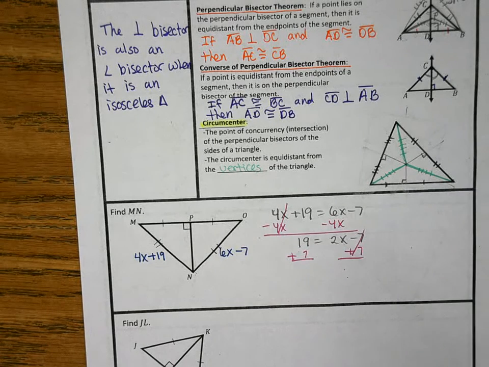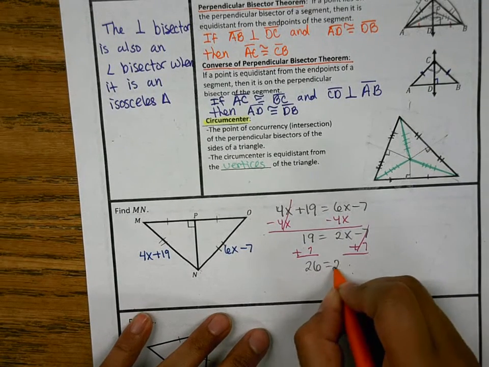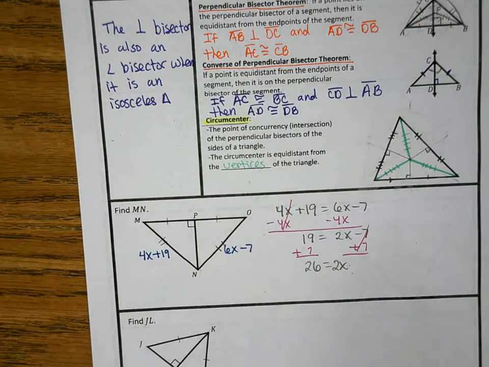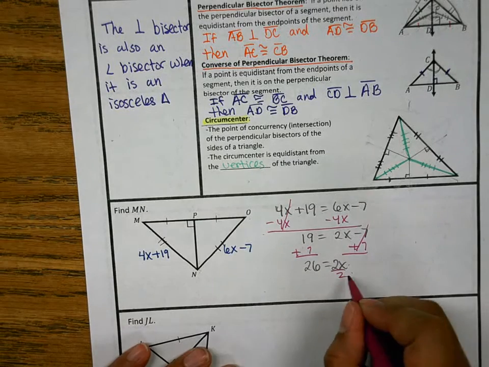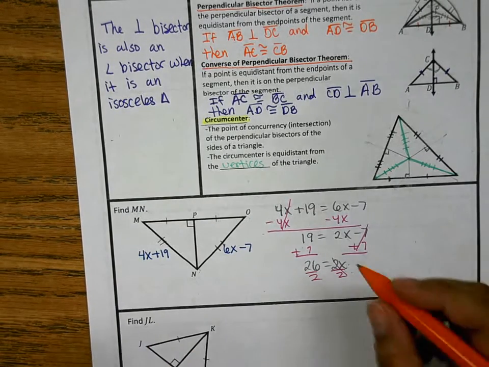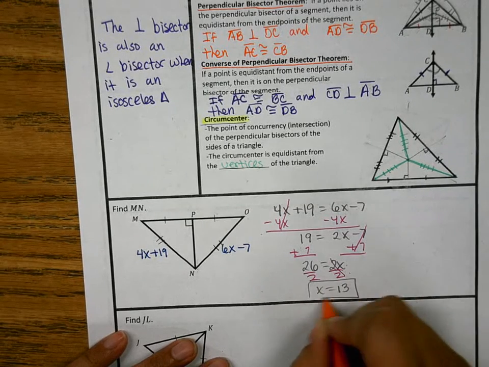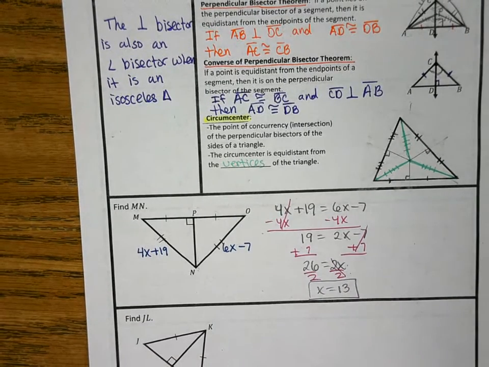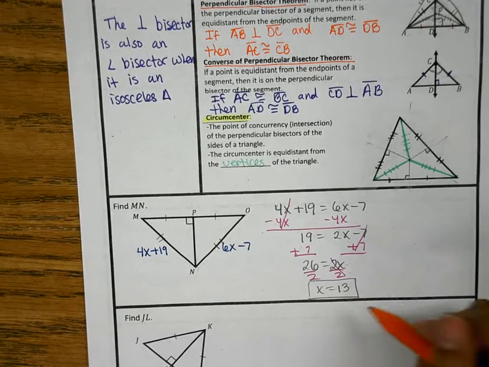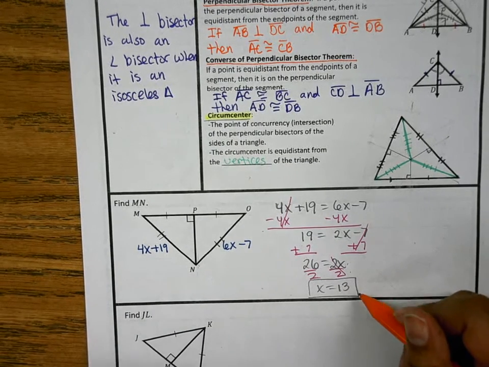Go ahead and do that now. 26 equals 2x. Divide both sides by 2. X equals 13. Now be careful in the test when you're working this one out and you see 13 there and you're like, oh, I got it right.